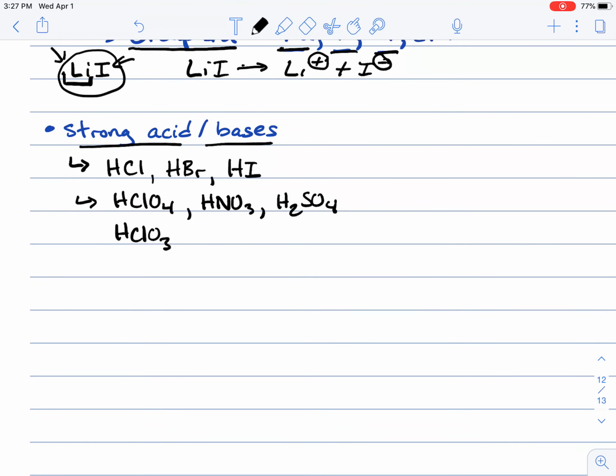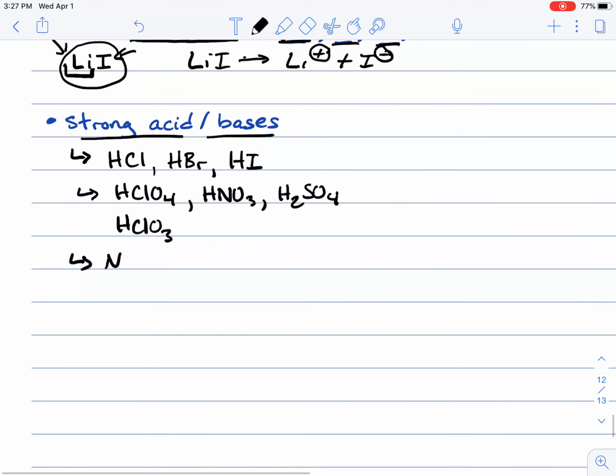For common strong bases, we have, for example, sodium hydroxide, potassium hydroxide, lithium hydroxide.